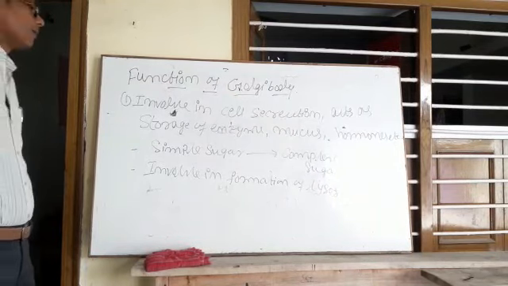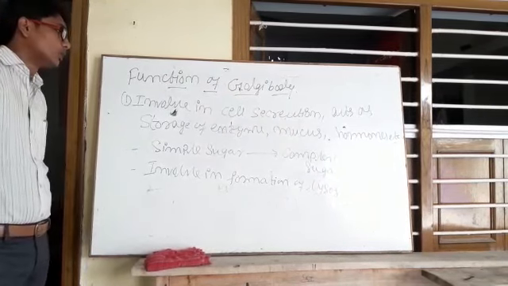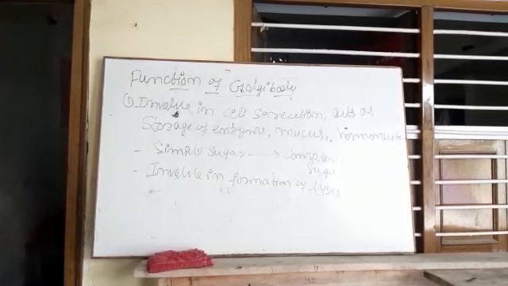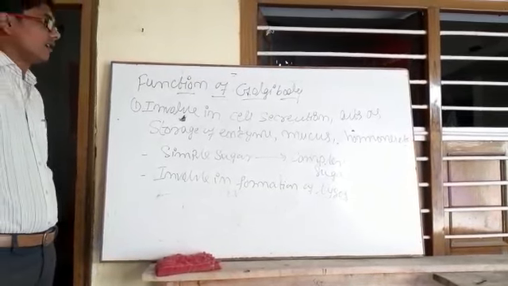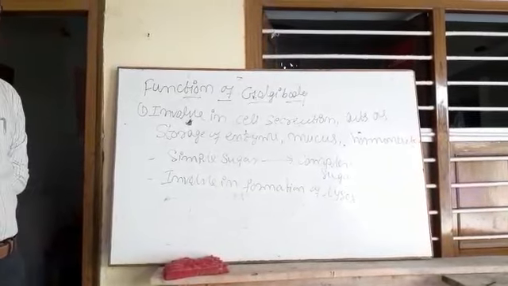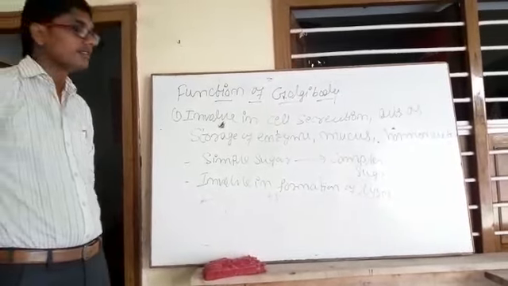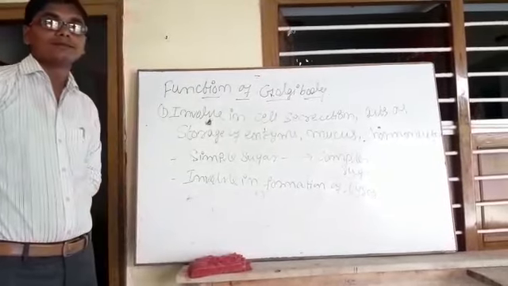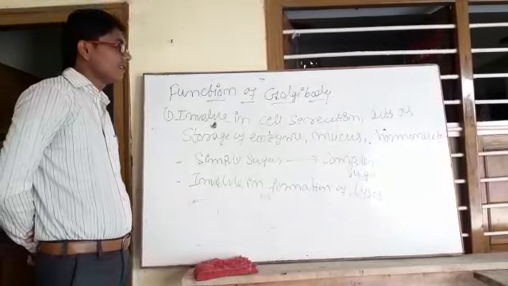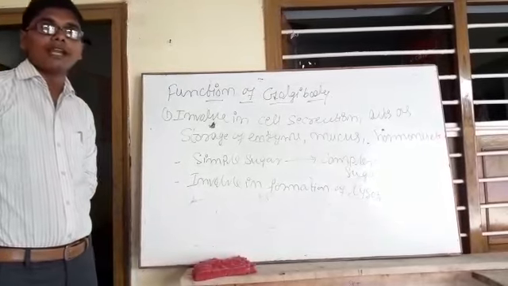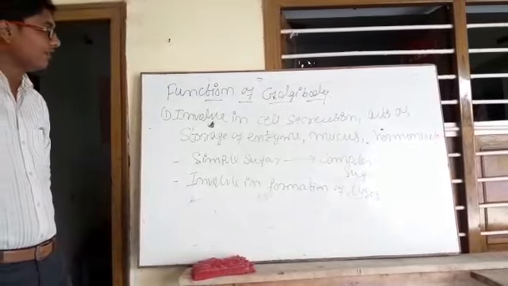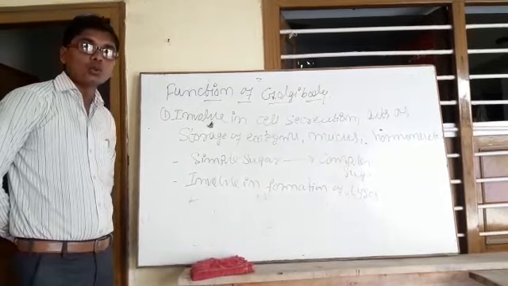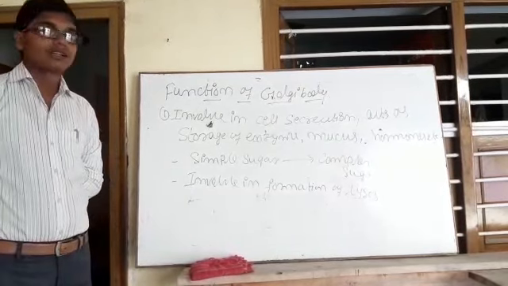First of all, my dear students, you know that Golgi body is arranged in a stack fashion, and each layer is known as a cisterna. And cisternae become two layers, up and down, and between them they have two compartments.